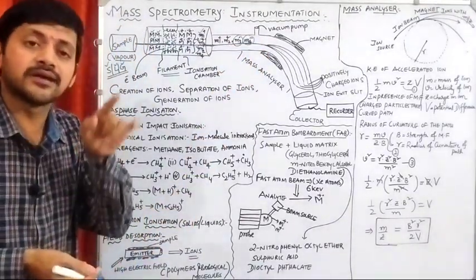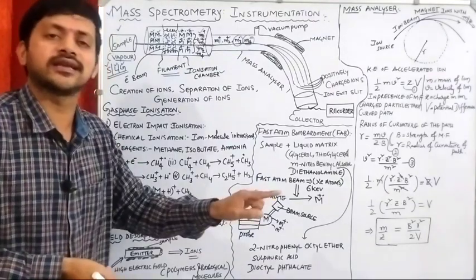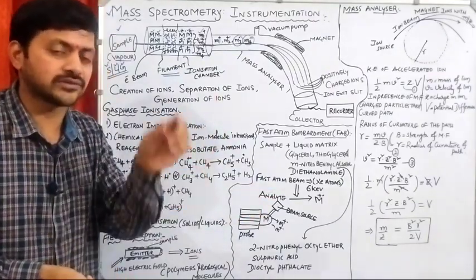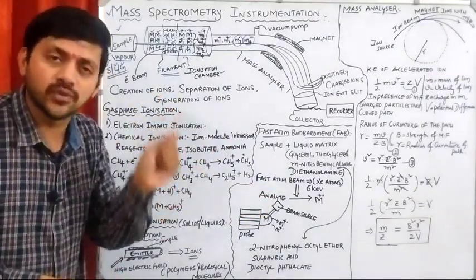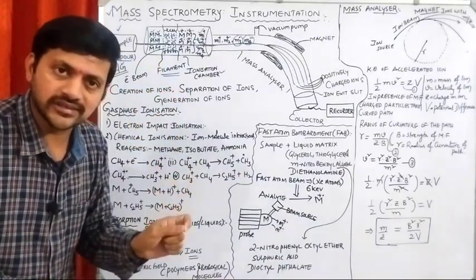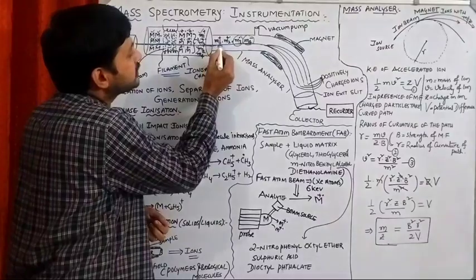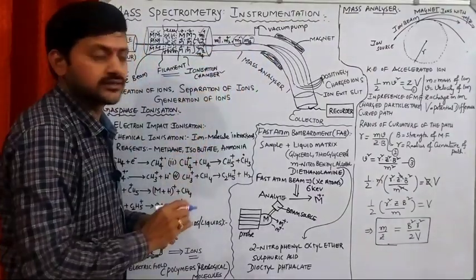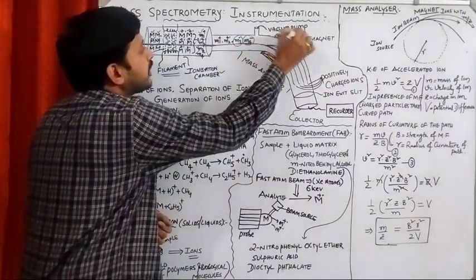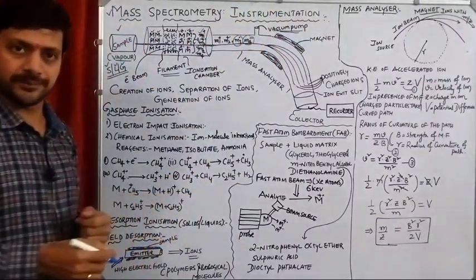Why? Because the mass instrument cannot recognize these types of ions. The mass instrument can recognize only positively charged ions and radical cations. That's why these two are sent further, but the others can be removed by using a vacuum pump.